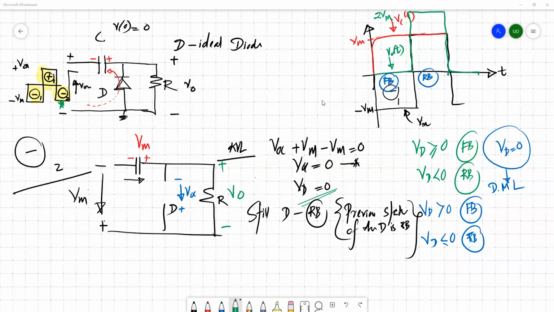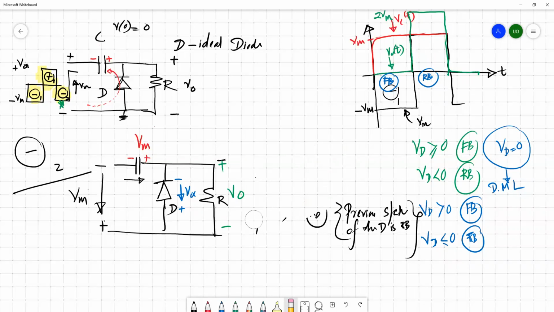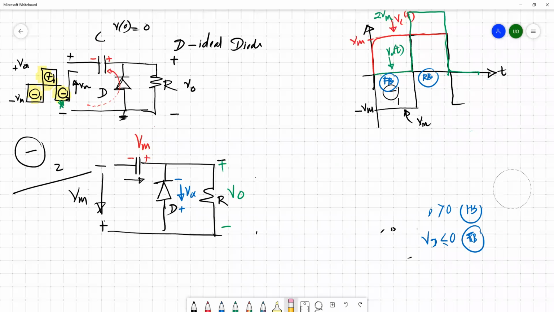Yeah, the argument here is, we have a diode here during this second negative cycle. So if you apply Kirchhoff voltage law to find out the actual voltage appearing across the diode.